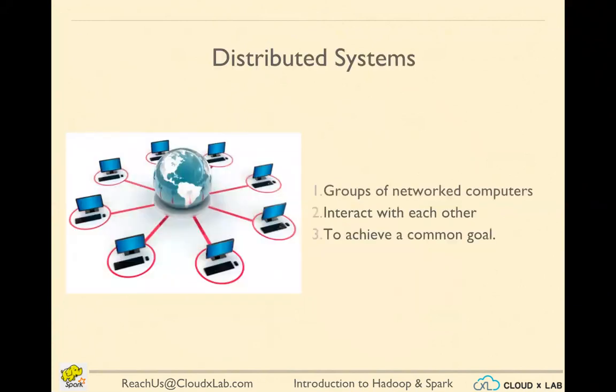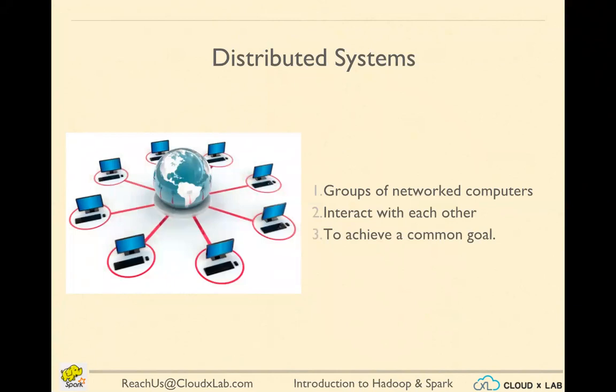What does it mean? It means that we wanted to solve a problem, so we connected many computers together, and then we are utilizing all those computers in order to achieve a common goal.